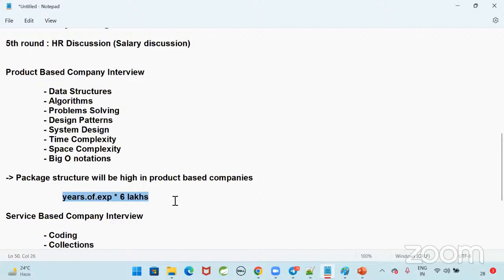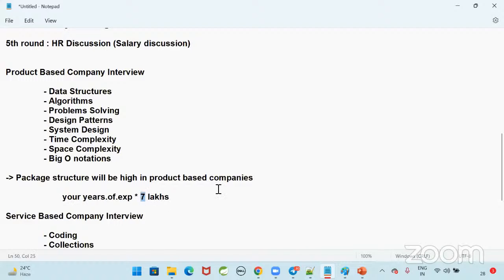1 year, 6 lakhs. From campus selection they are giving 12 lakhs also for freshers in a product-based company. If you have 2 years, 12 to 15, they will offer up to 7 lakhs per year also. Years of experience multiplied by 7 lakhs you can ask when you go for a product-based company.